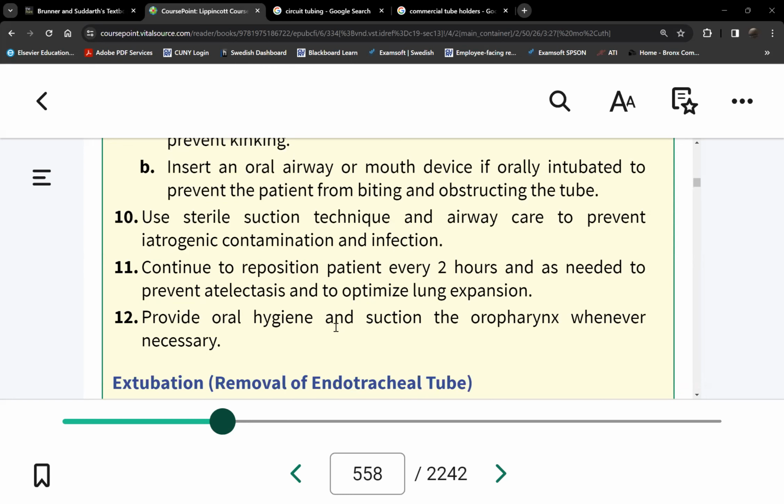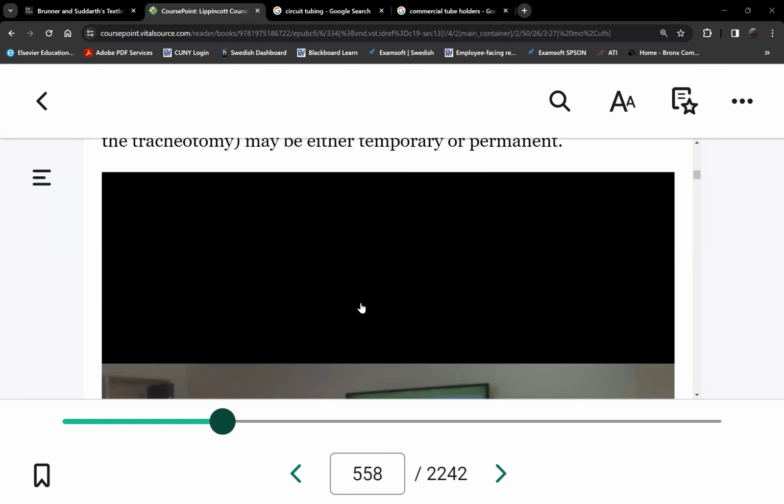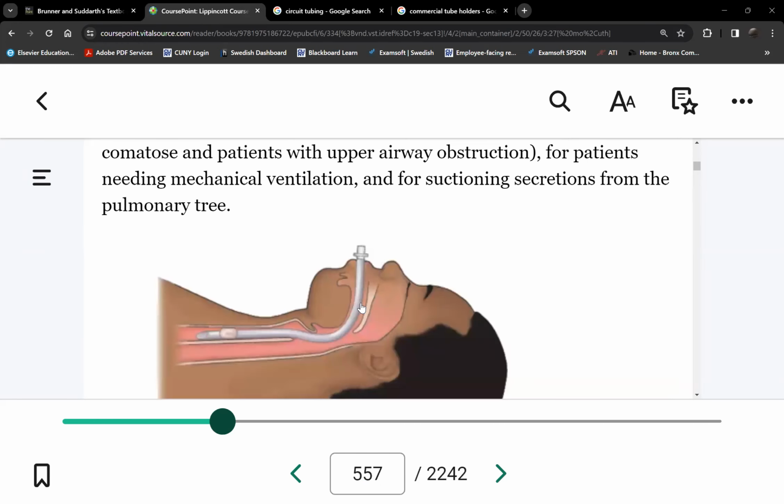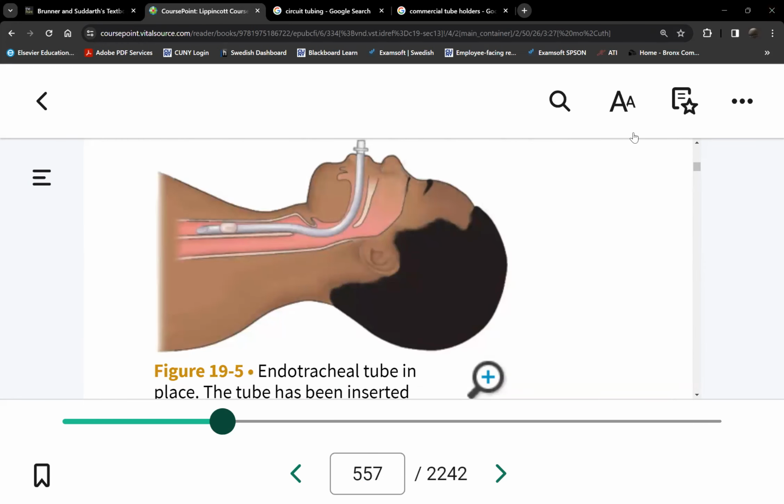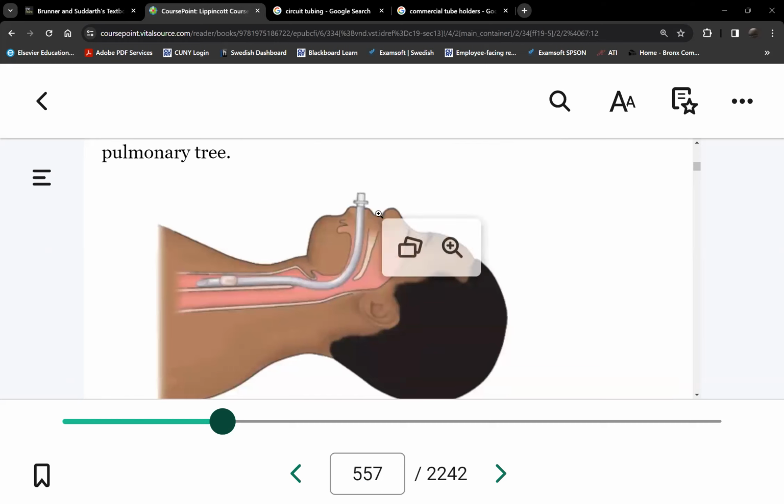Because again, going back to the airway, are we 100% sure this patient will not aspirate? No, as the cuff inflation pressure loses pressure, can secretions go down? And are those secretions clean? No, they are dirty. Remember, we cannot reach these secretions here. So where did that secretion come from?